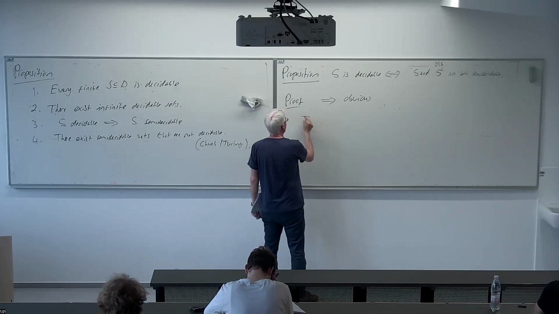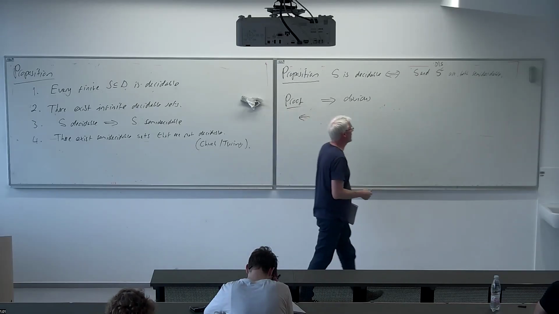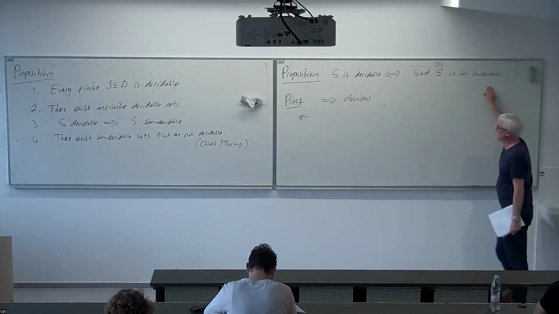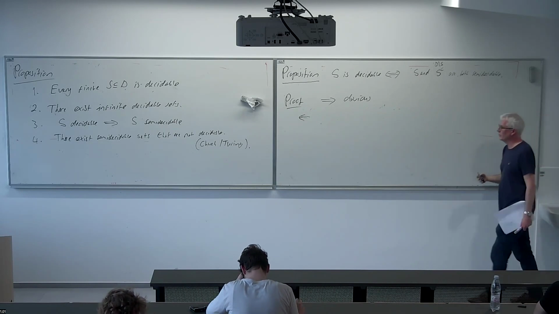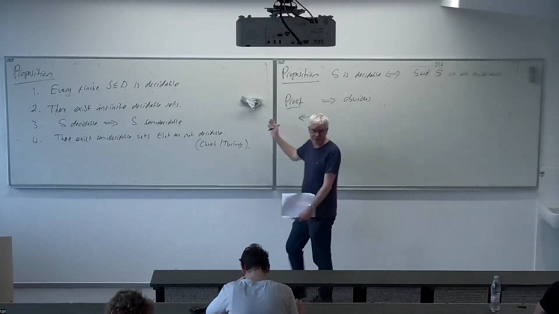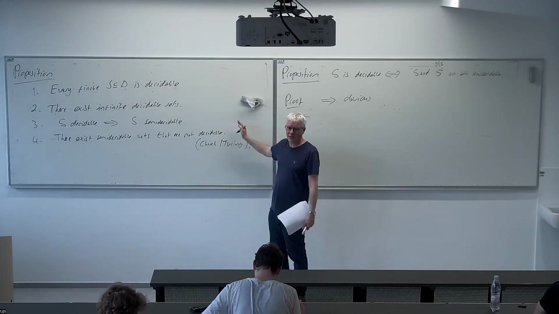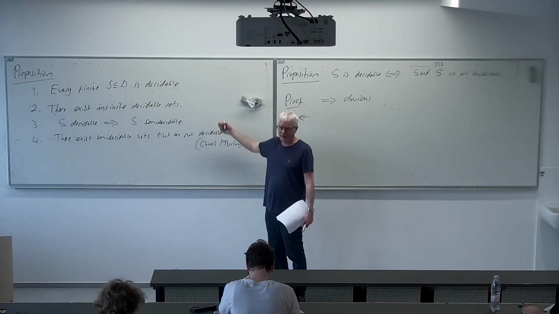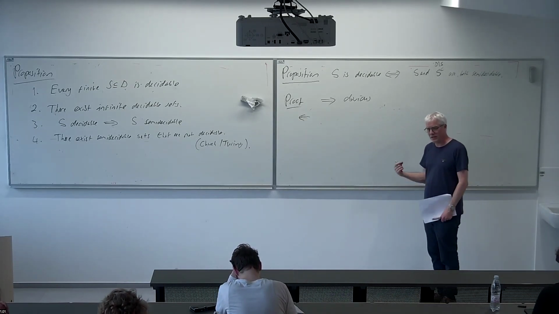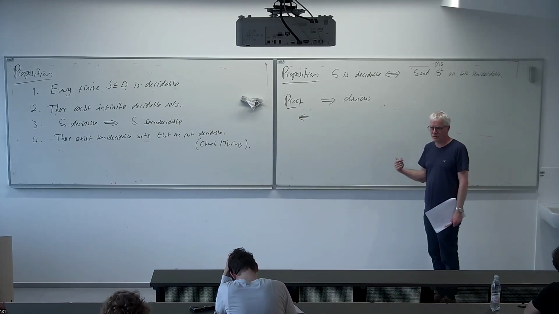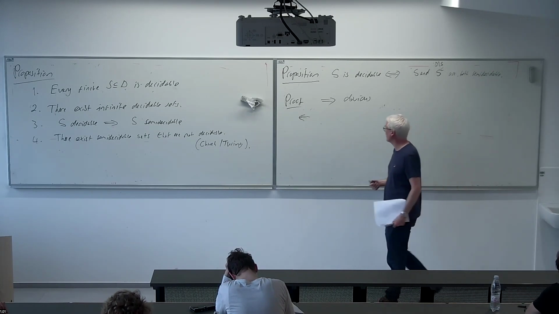The interesting one is that if S and its complement are both semi-decidable, then we want to get a decision procedure. I should have said when I defined decidability, we call an algorithm that performs the process of telling us whether an element belongs to a decidable set a decision procedure.